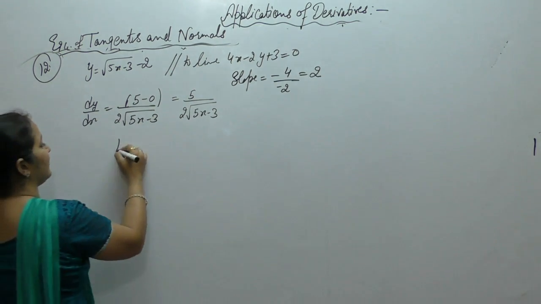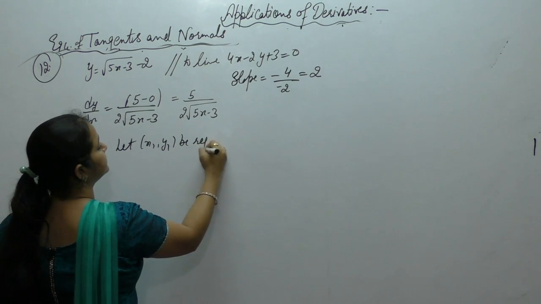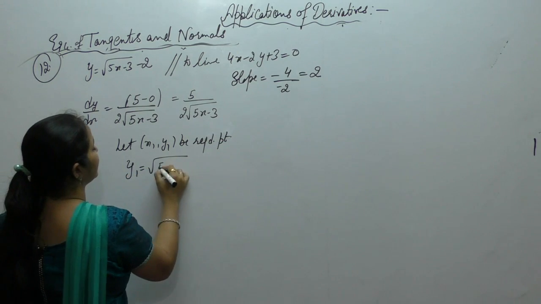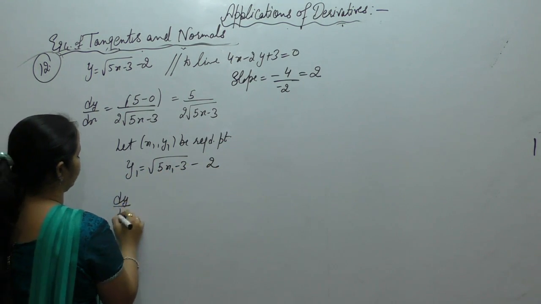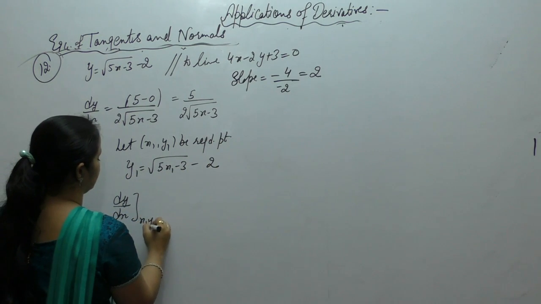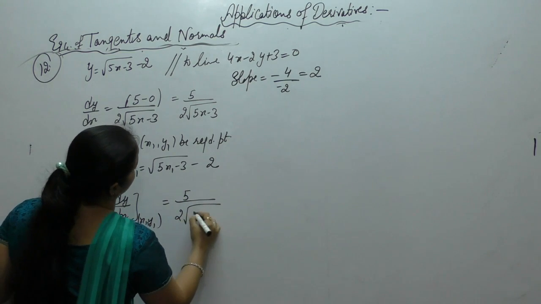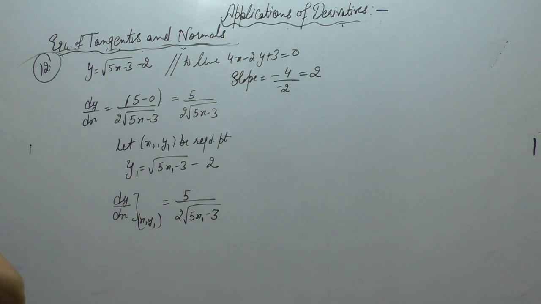Let (x1, y1) be the required point. Then this point will lie on the given curve. And slope of tangent at this point (x1, y1) is 5/(2√(5x1 − 3)). Clear?